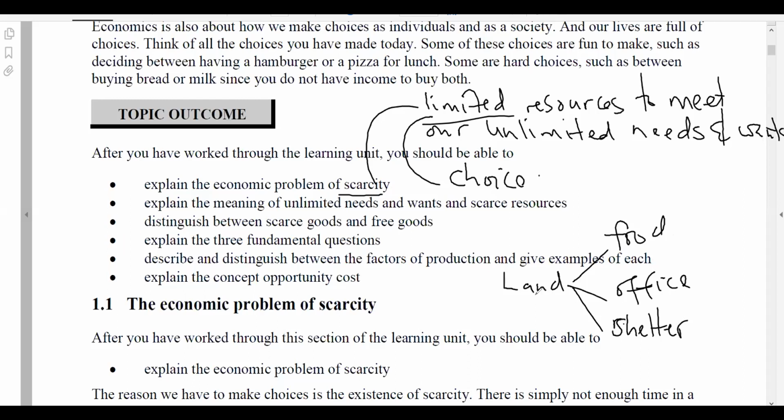What we are particularly interested in is to make maximum use of the land, or to make an efficient use of the land. That is what we are actually studying in economics: how we can make an efficient use of the scarce resources.